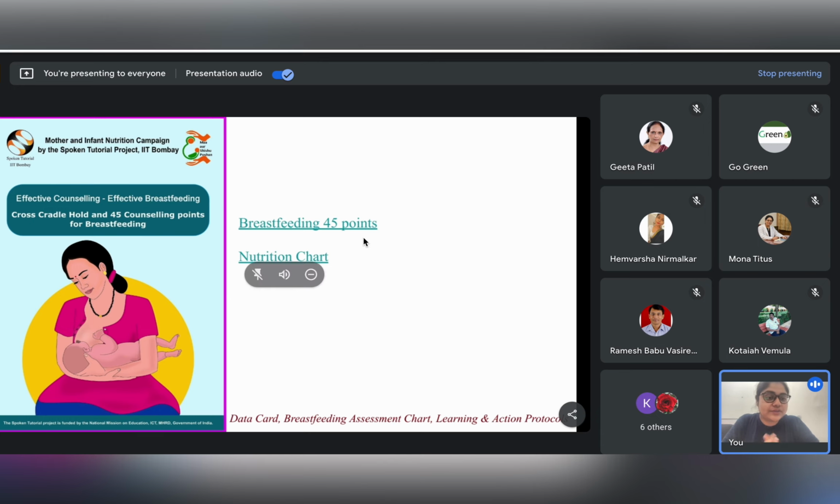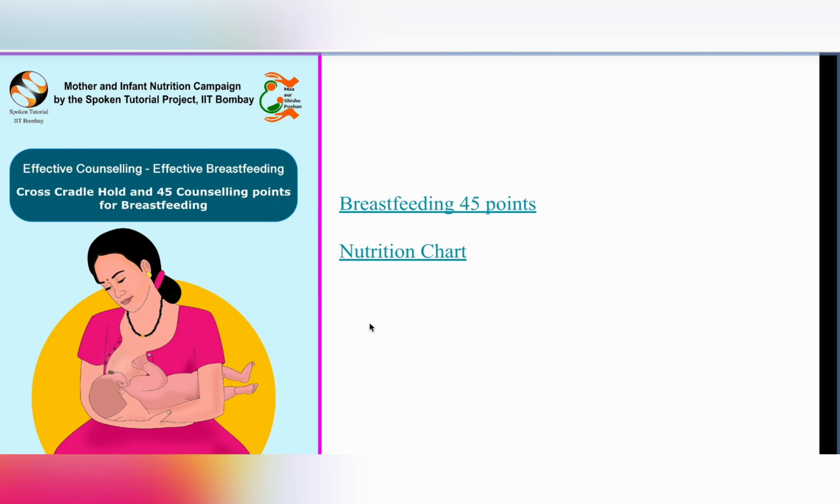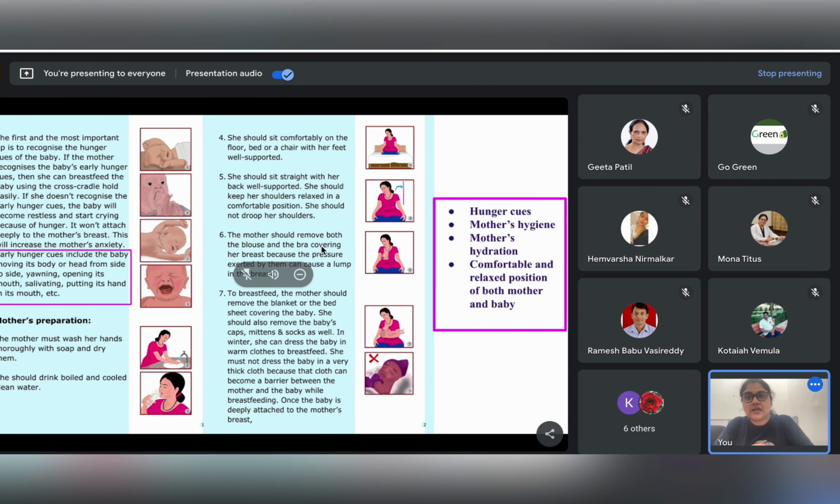I would like to recapitulate the different 45 points in the breastfeeding technique. As we have discussed before also, there are specific points which are to be remembered to cater to a specific and proper breastfeeding technique, right?